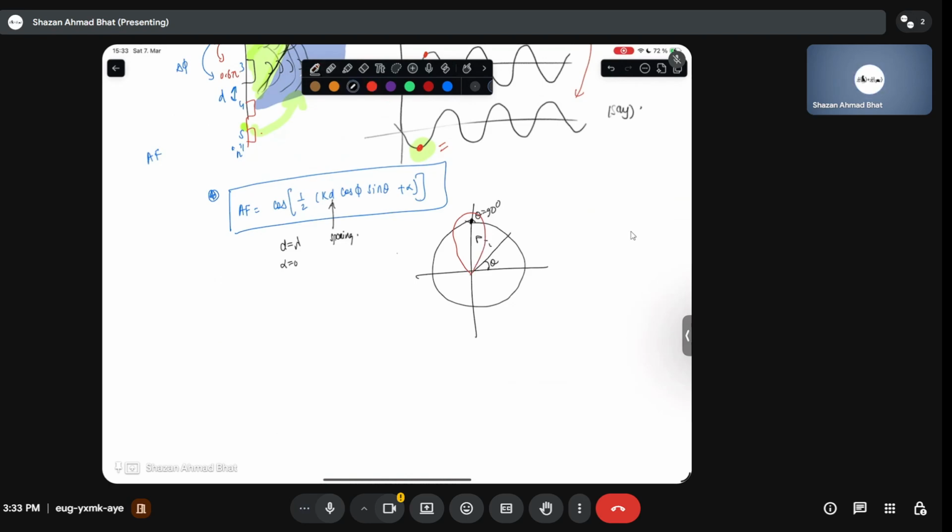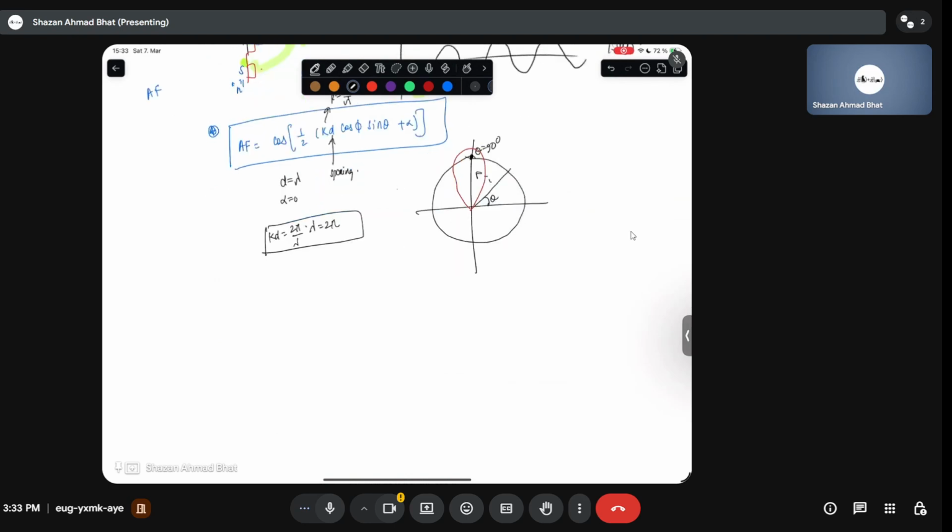And what else? The wave number, you know, is 2 pi over lambda. So kd is essentially 2 pi over lambda into lambda, so kd you can write as 2 pi. Everything is given.